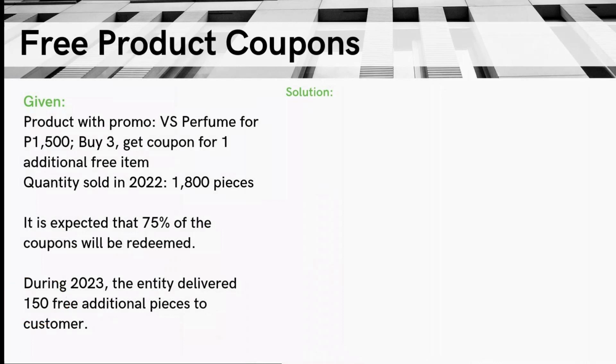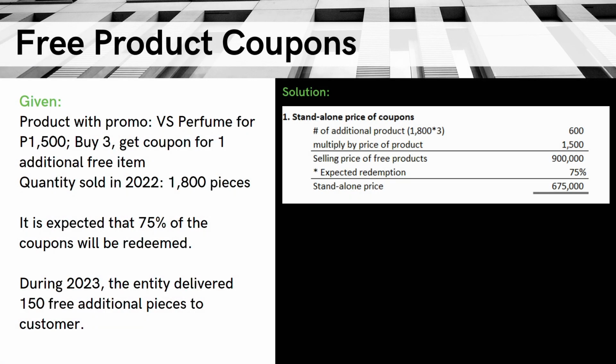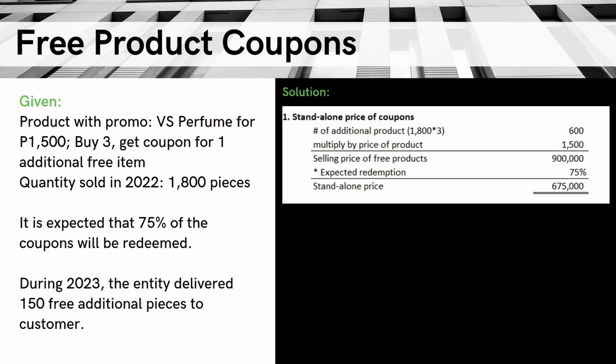And then, kani naman ang imo actual nga redemption. Okay, for the solution. Number 1, step 1 is to get the standalone price of the coupon. So, pila iya standalone price. To compute this one, you will first multiply ang additional nga product no kung pila ka buok ang na-sold.